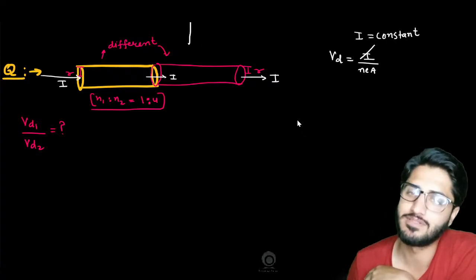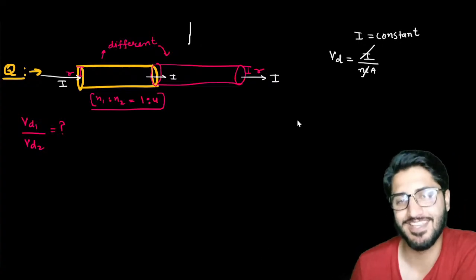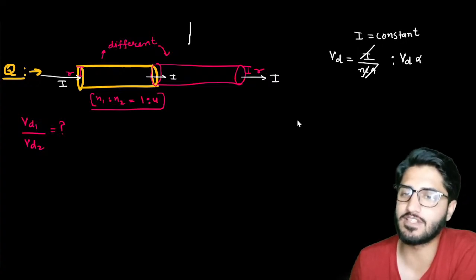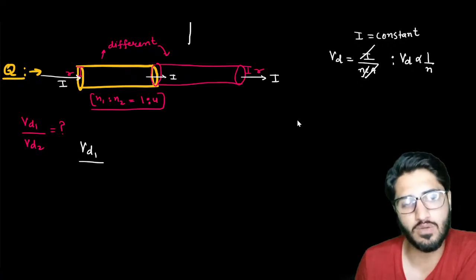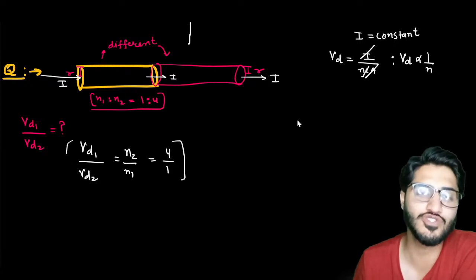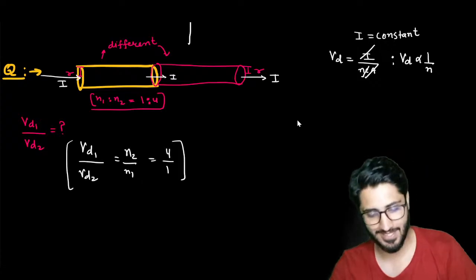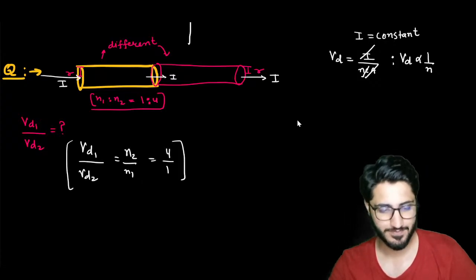Current is the same, charge carrier e is the same, area is the same. Therefore V_d is inversely proportional to n. So I can write V_d1 to V_d2 equals n2 by n1. n2 is 4, so it is 4 by 1. This is my answer, a very shortcut way to get this done.